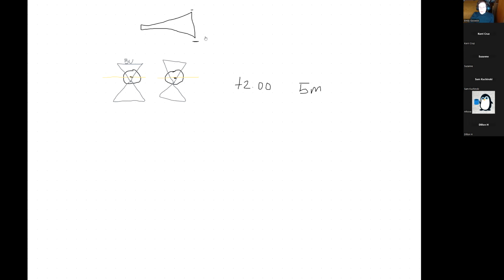But in this case, I'm going to assume that this is just happening in one eye. So basically what we're going to do is use Prentice's rule. So it's going to be, very simply, 2 times 5 divided by 10. 2 times 5 is 10, of course. So we get very simply a 1 diopter answer.